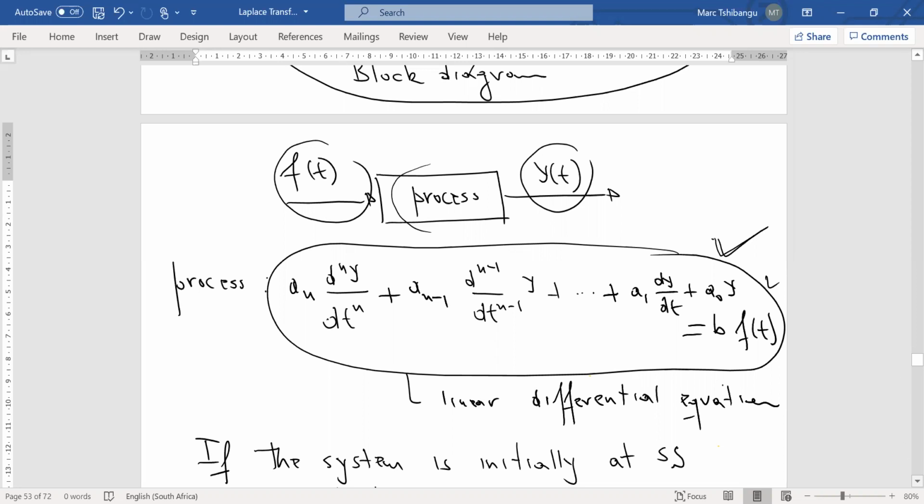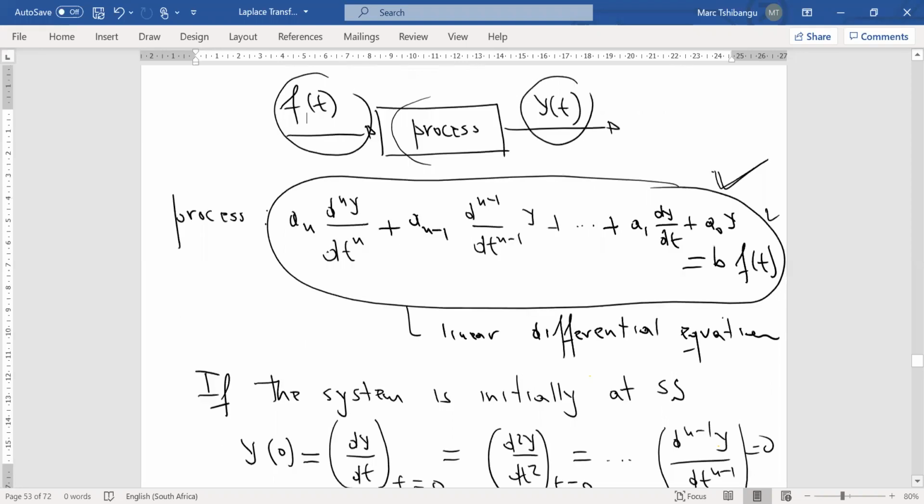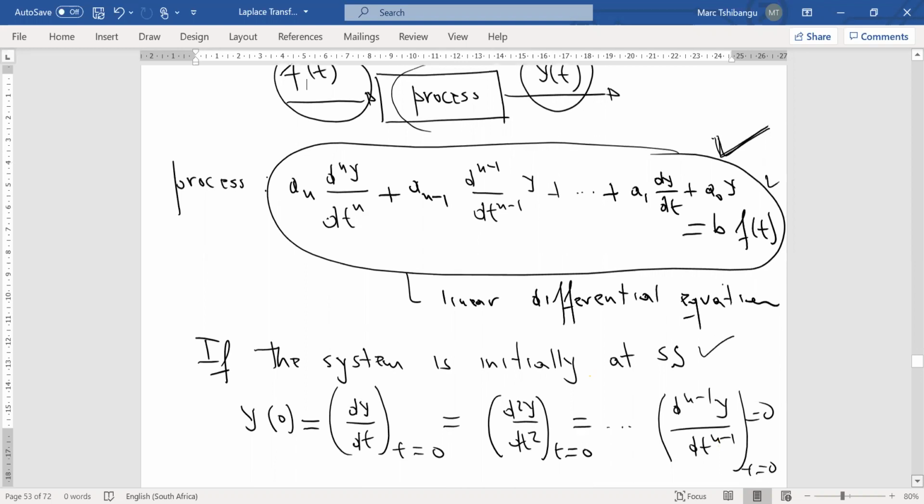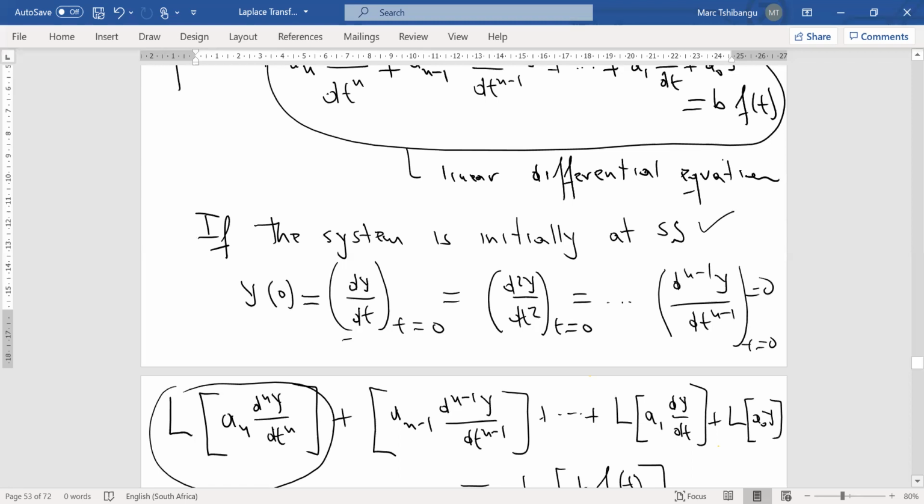Because this differential equation is linear, we can take the Laplace transform. And if the system is initially at steady state, we can assume that these differentiations are equal to 0. Considering this assumption, we can take the Laplace of the ordinary differential equation.